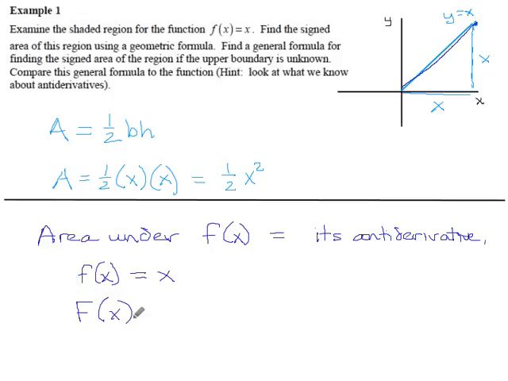The antiderivative of this would be, what is it again? Take the power of x, increase it by 1, multiply by the new power. That looks familiar. Calculus just gave us that same area, and it was awfully easy. So that's kind of good.